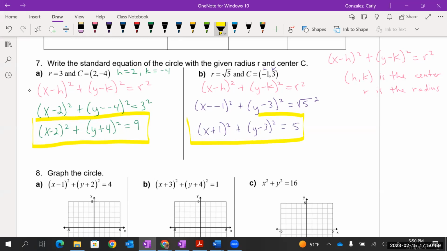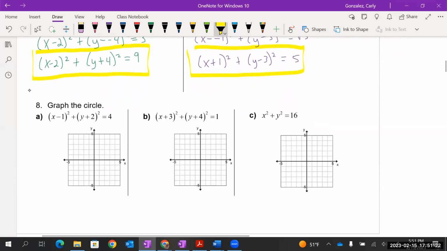So our standard equation of the circle with radius rad 5 and center -1, 3 is the quantity x plus 1 squared plus the quantity y minus 3 squared equals 5.